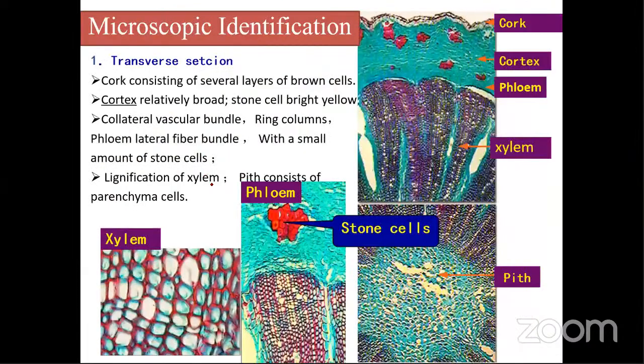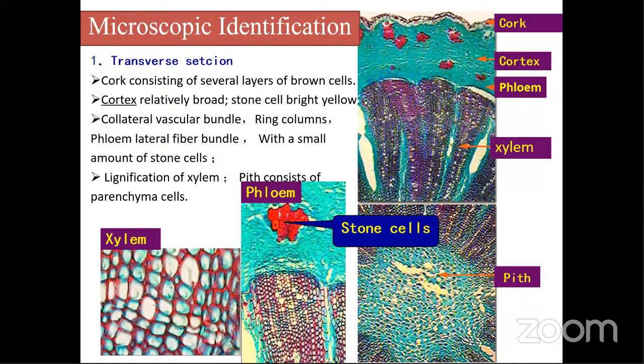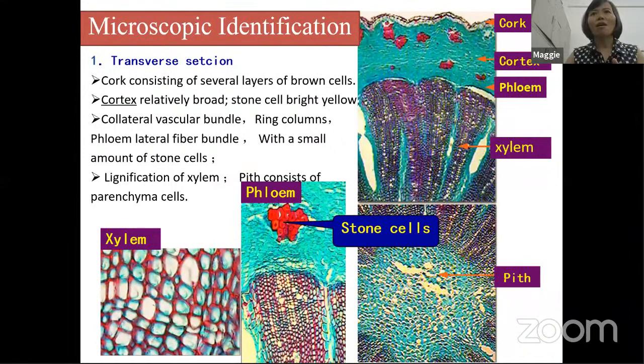Next one, microscopic characters. Microscopic characters include the transverse section and powder microscopic characters. So the first, transverse section microstructure. From outside to inner side, the microstructure includes the cork, the first layer.